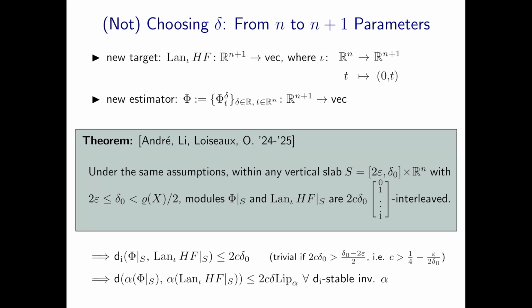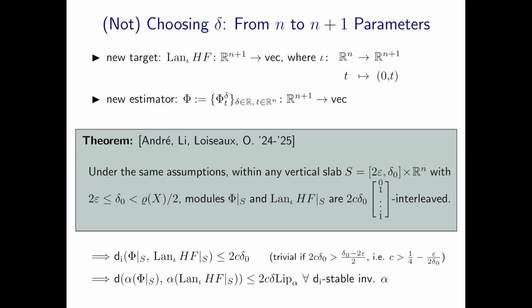And now, if your function is, say, 2 million Lipschitz, it's Lipschitz continuous with a Lipschitz constant of 2 million, then basically if you restrict your two modules to that slab, they will, for obvious reasons, be delta interleaved, because the Lipschitz constant is so large that you will never be able to go from one module to the next module and back to the first module again without jumping out of the slab. So trivially, you will get such an interleaving if your function is not regular enough. But of course, if the function is very regular, if C is small enough, smaller than this value, then this result is non-trivial and you've got this guarantee.